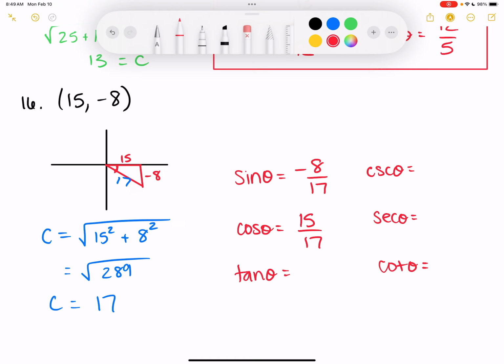Yeah, opposite over adjacent, so -8 over 15. You just already told me this one. And then for cosecant, we just flip sine, so 17 over -8, and secant, we flip cosine, so 17 over 15. And that's our answer for that one.